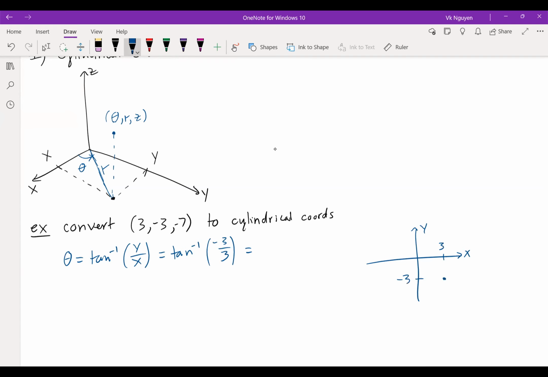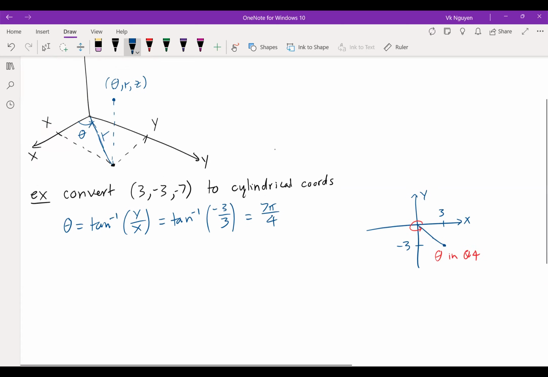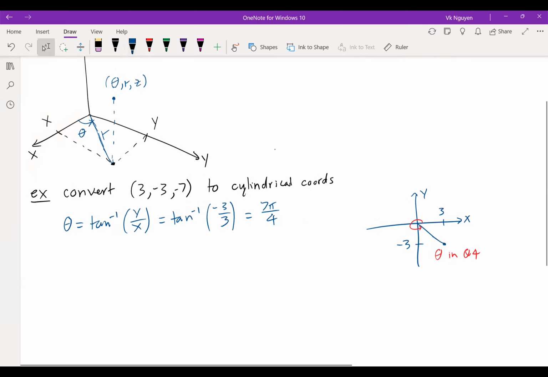So the angle is right here, this is the angle theta. It's in the fourth quadrant, so just be careful. In the fourth quadrant, with this -1, it's going to be 7 pi over 4. Okay, so that is how we get the angle theta.